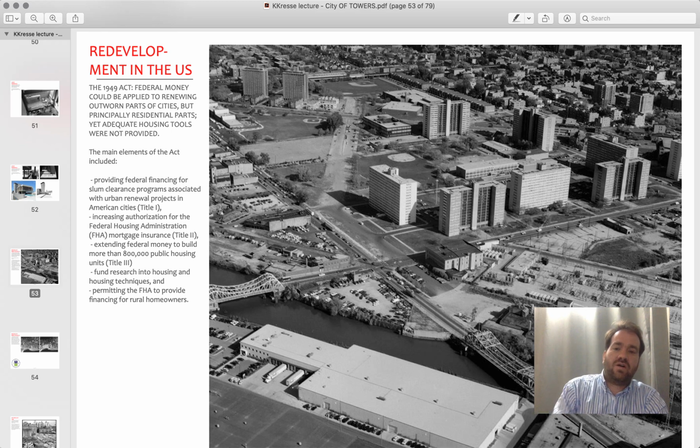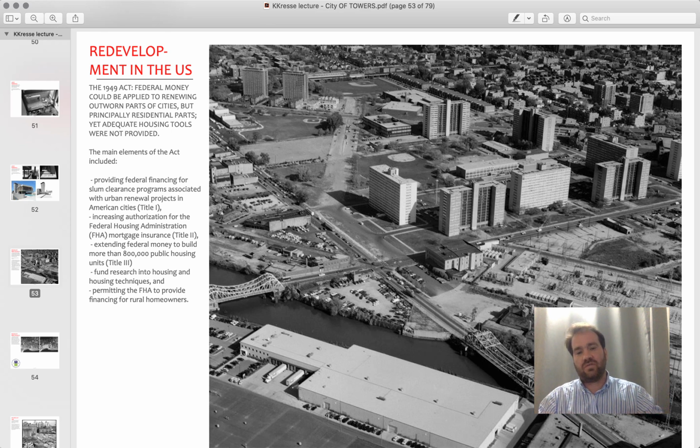Here it's the Federal Housing Administration, and they were given these rights, so they could help individual families with mortgage financing. They would receive money to build about 800,000 public housing units, and there was research involved. So there was a whole program.